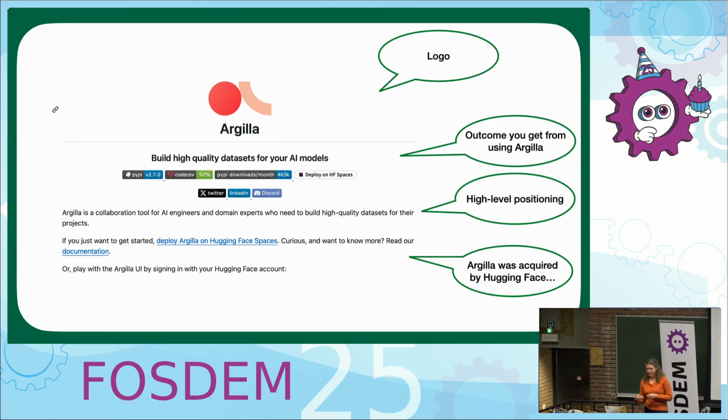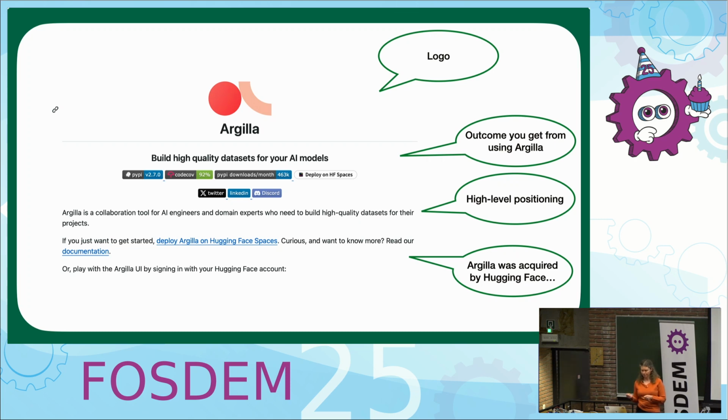Then you have a couple of these buttons, that's also good, a little bit of social proof. Then you have a sentence that's high-level positioning, a super succinct description of what this project is and who it is for. The who it is for portion is also really important because, remember, part of the goal is to help people decide this is for me or this is not for me.